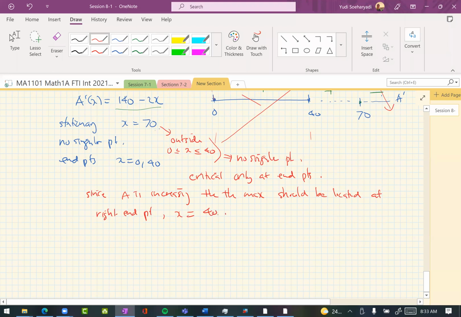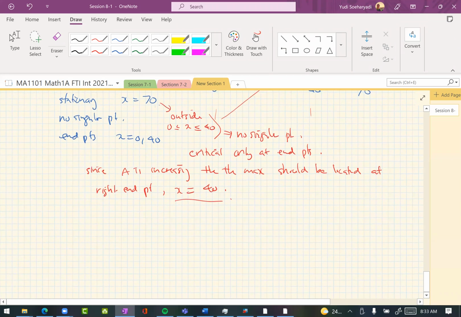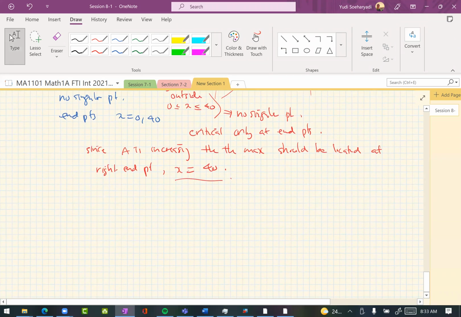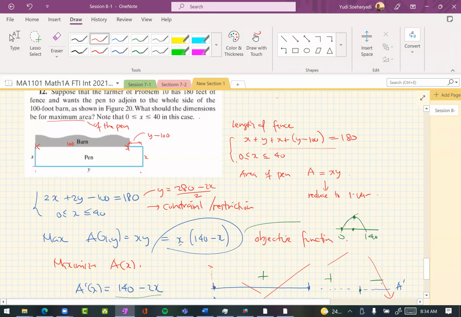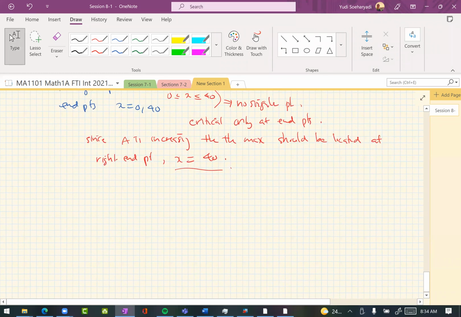So let's give you the maximum. Okay. Oh, the question is the maximum area. The dimension for the maximum area. Okay, the dimension.